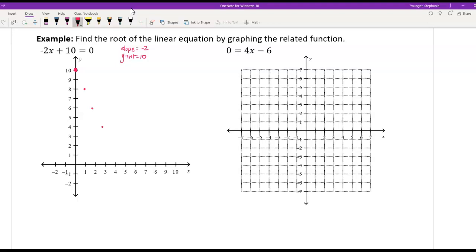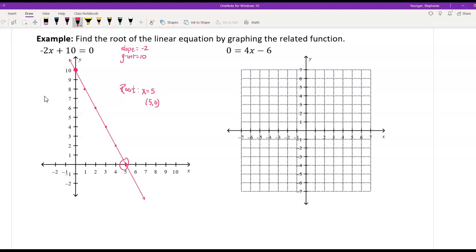And I just keep following the pattern until I hit that x-axis. And when I go ahead and draw the line, which I'm going to do real quick, I can see that my x-intercept is at 5. So the root is x equals 5, or the point (5, 0).